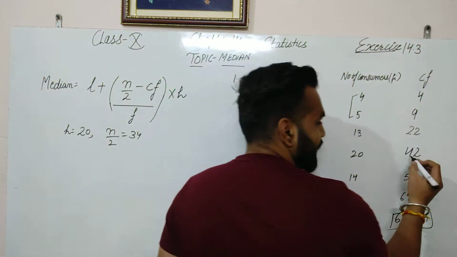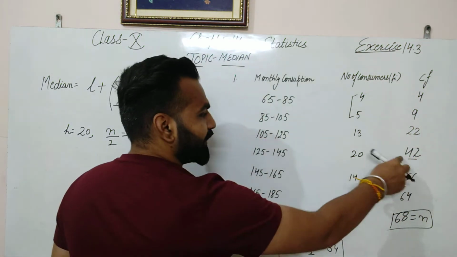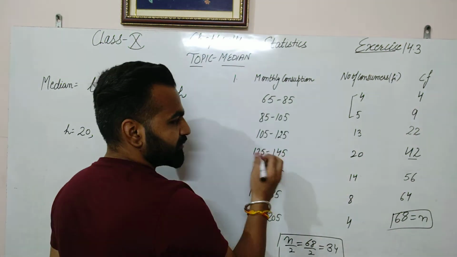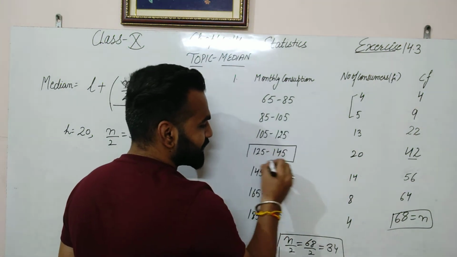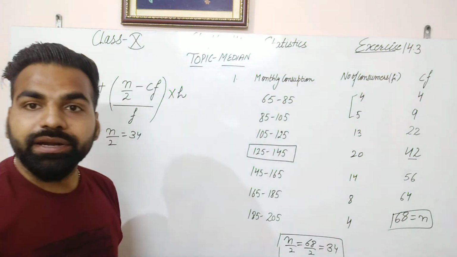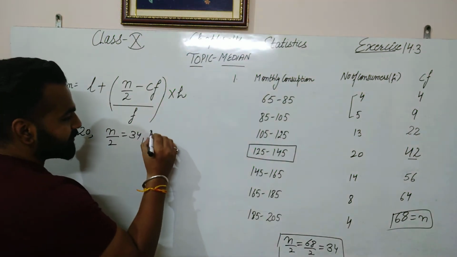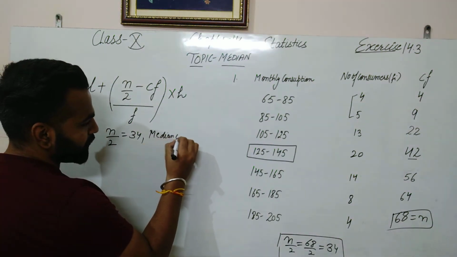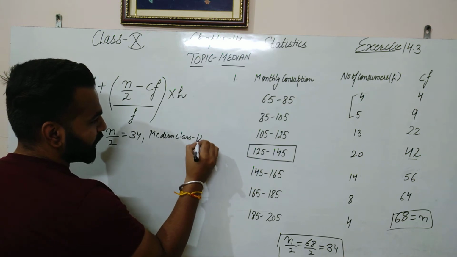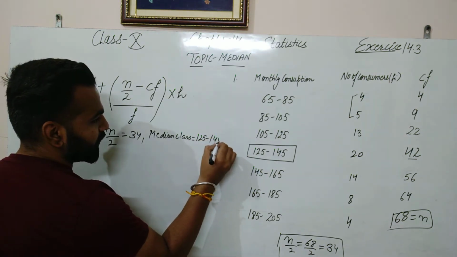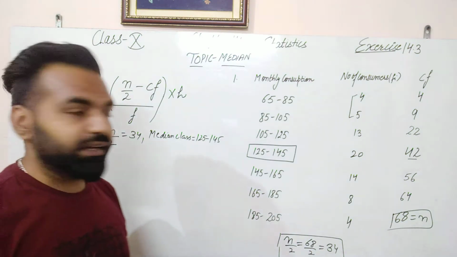So this is 42, and the class interval of this CF will be the median class here. So median class will be equal to 125 to 145. Clear everyone?